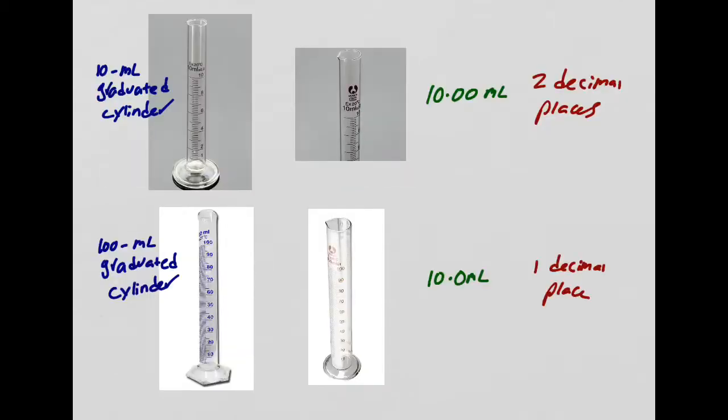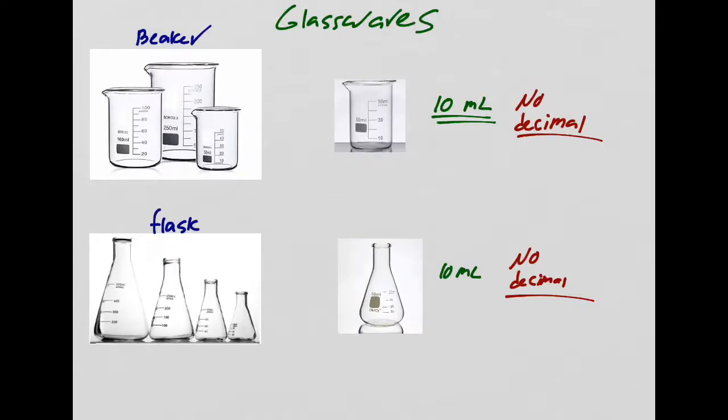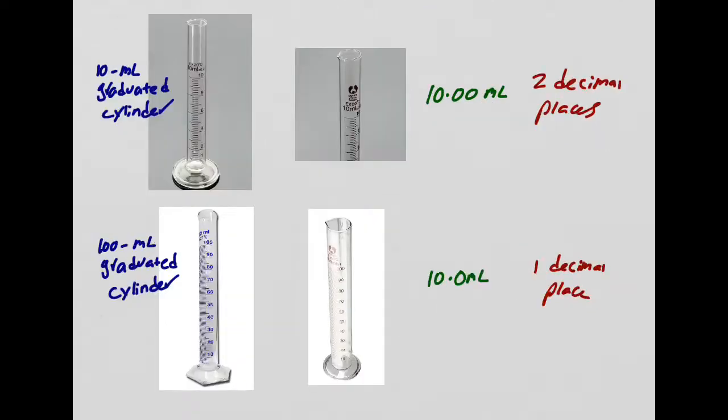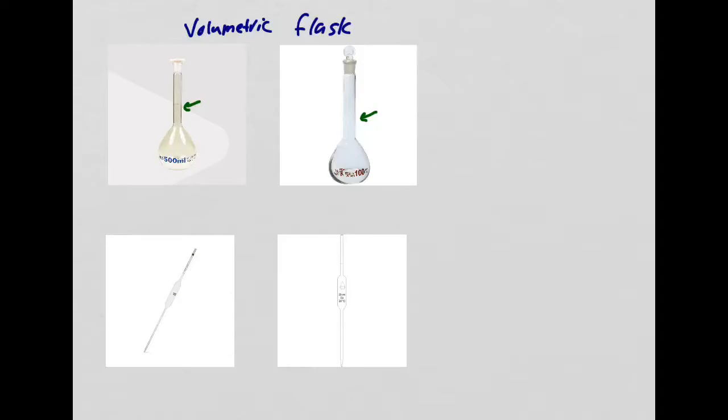If you go back here, these are graduated, right? You can measure different amounts. This is graduated. You can measure different amounts. The same here. These are graduated. You can measure different amounts. Now, a volumetric flask has only one volume. It has only one line. So it's only one fixed volume that you could measure. Okay?